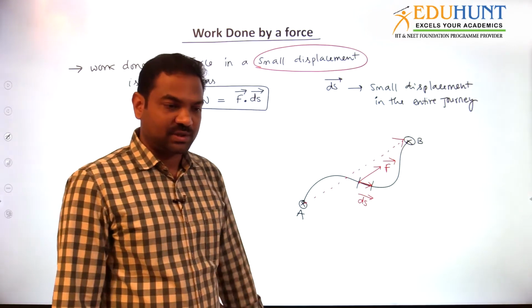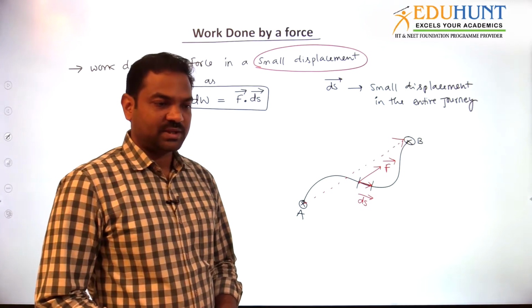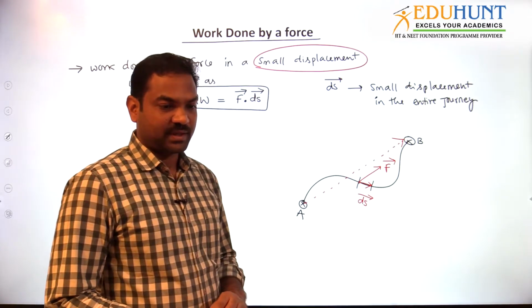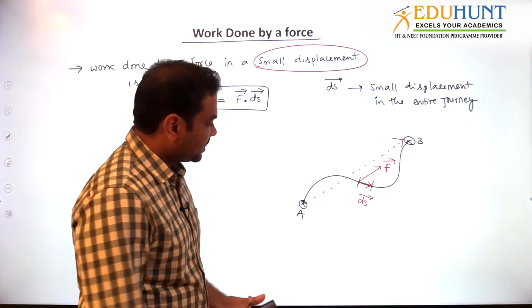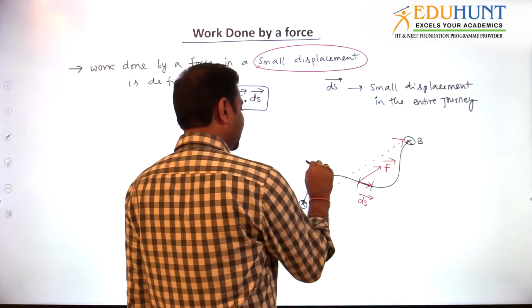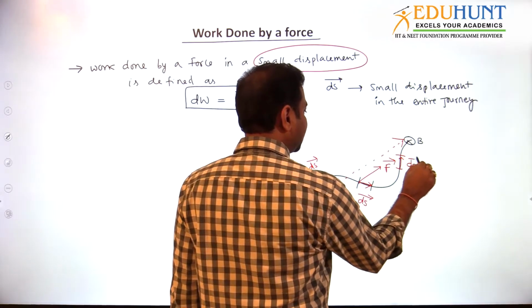There can be variable force also. Am I right? Force can be variable, force can be constant. This displacement vector may be variable, may be same. So here displacements also keep on changing. If I am taking a very small part here, this is the displacement vector. Like that, as the journey path changes, displacement vectors change.